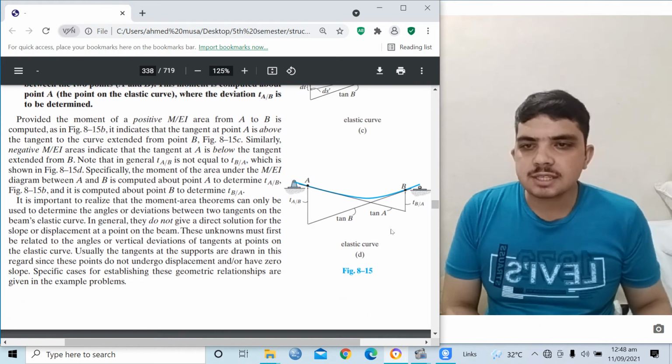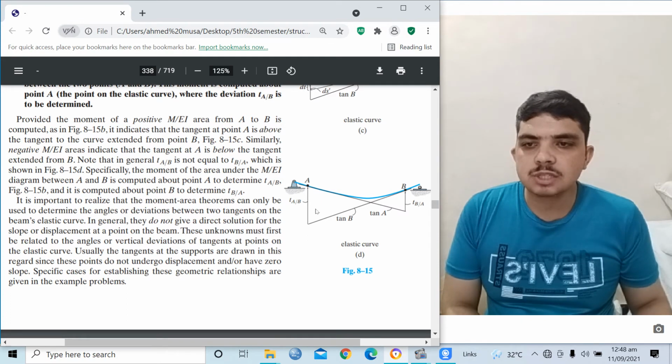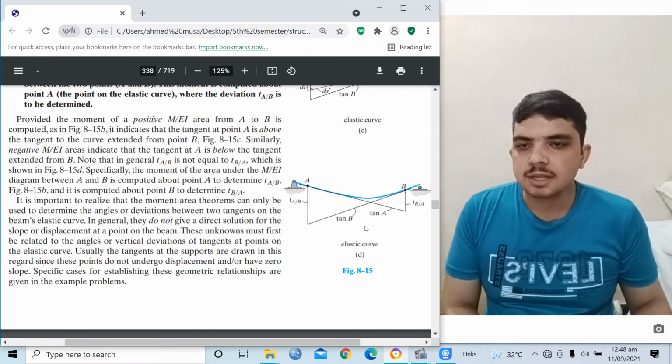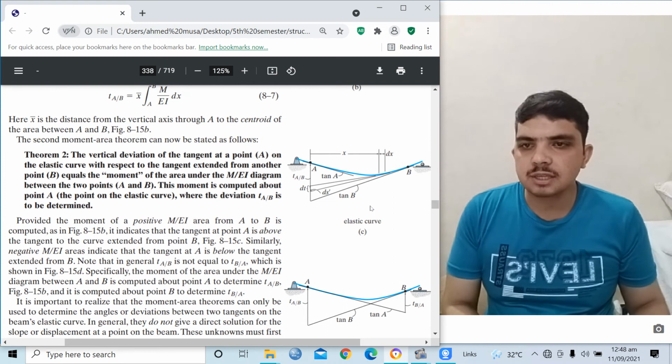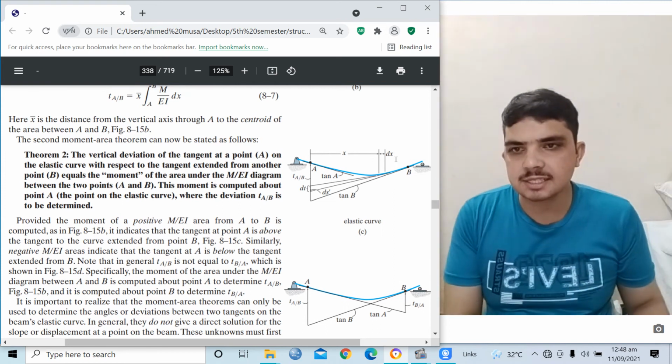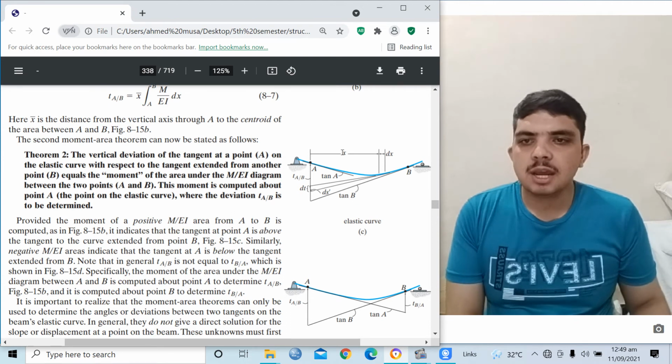You can see here, this is tangent A and this is tangent B. If we find tangent AB, this deflection will be equal to tangent AB. If we find tangent BA, this deflection will be equal to tangent BA. This is the elastic curve, or we can also call it the exaggerated curve. You can see in this diagram, this is the elastic curve of the beam. If we are to find the displacement or deflection of the beam at that point, how can we find it?